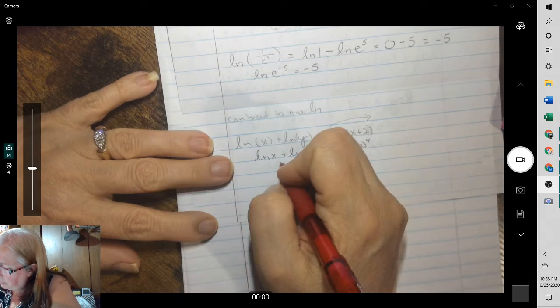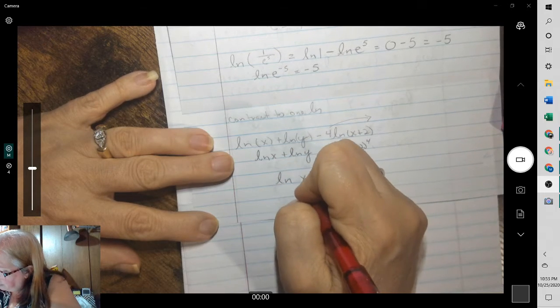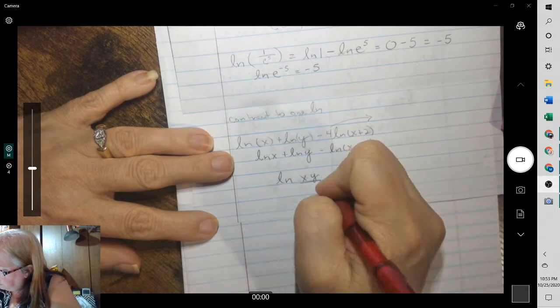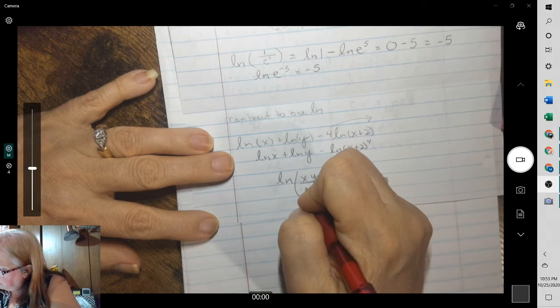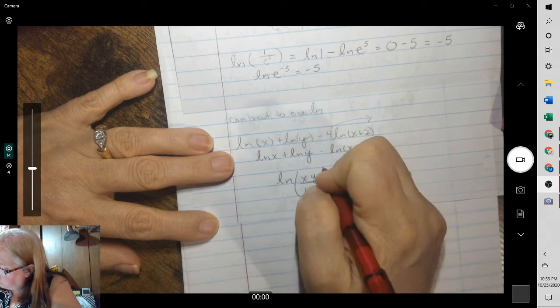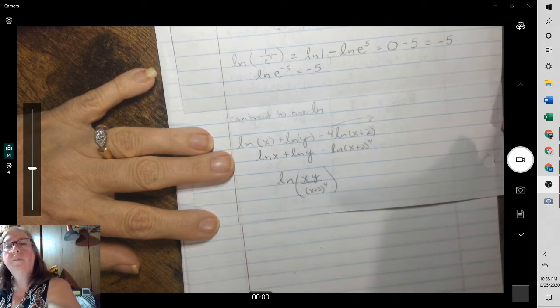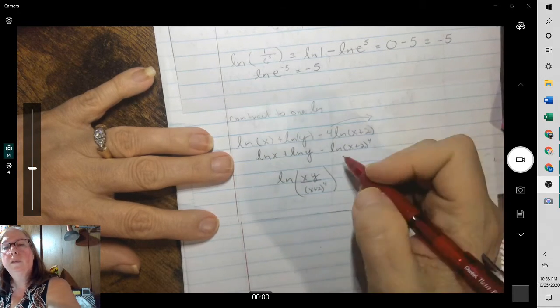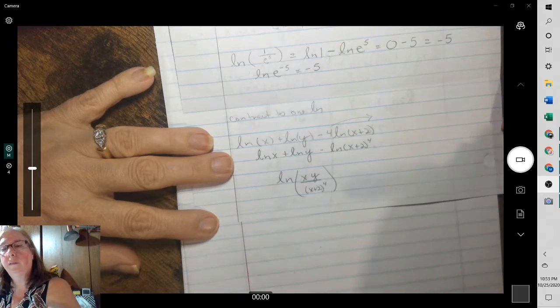Then we can combine them. The natural log of x times y divided by x plus 2 to the 4th. So the minus makes it a division.